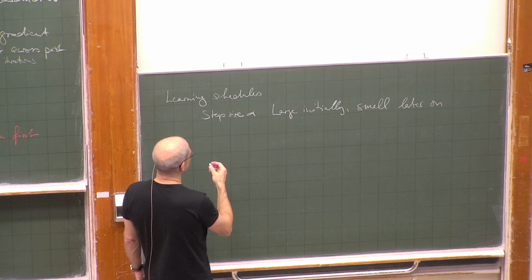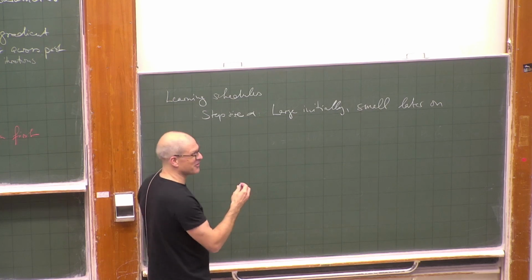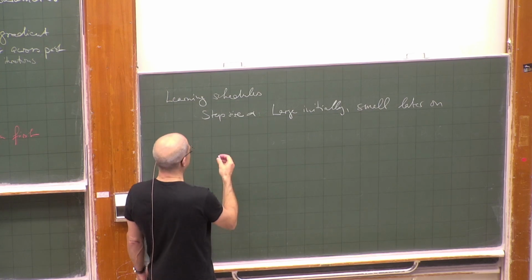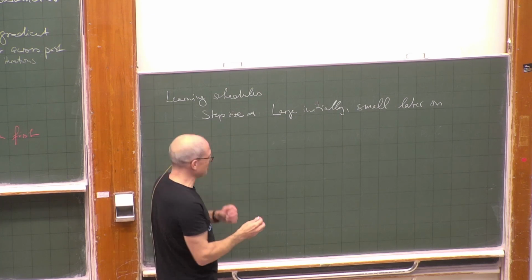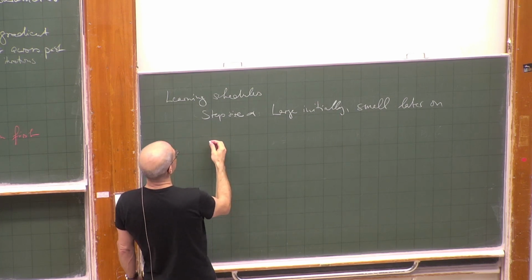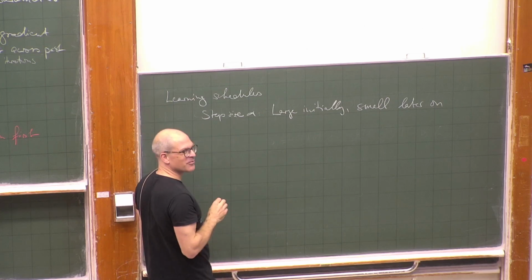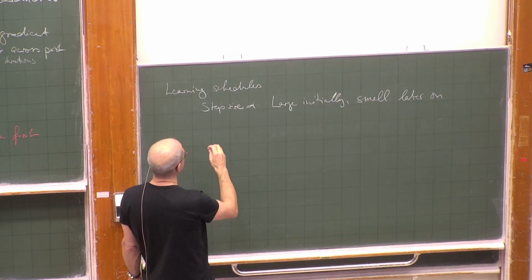And there are lively debates about what is the best scheduler. One that finds favor in parts of our lab is the so-called cosine schedule, which was developed in Freiburg, by the way, in the lab of Hutter.